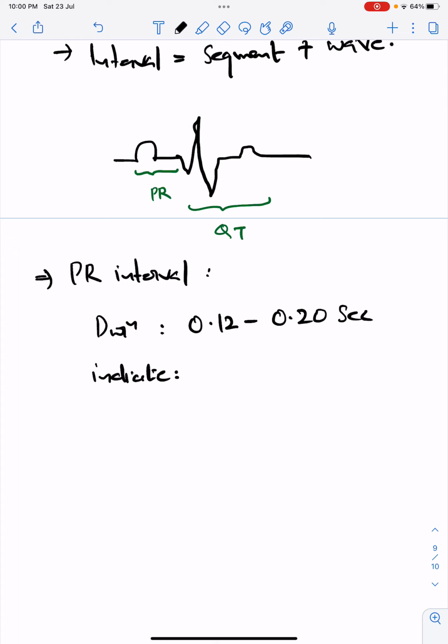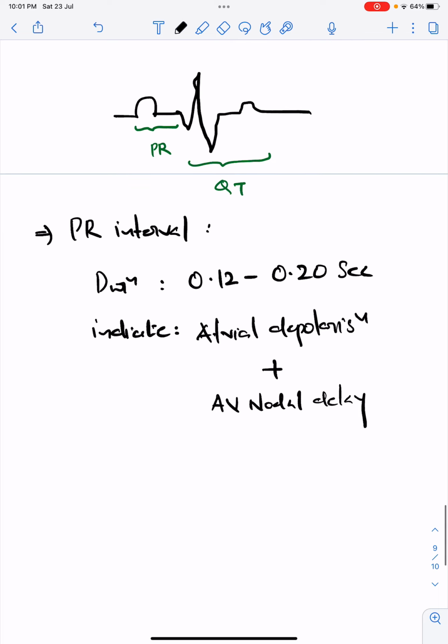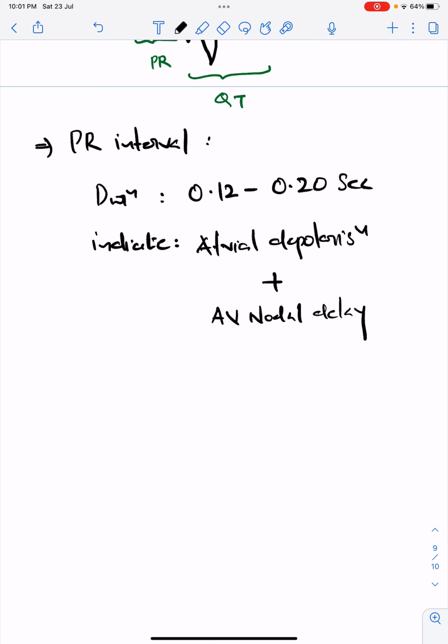So P wave is atrial depolarization plus the PR segment is AV nodal delay. So the PR interval indicates atrial depolarization plus AV nodal delay.